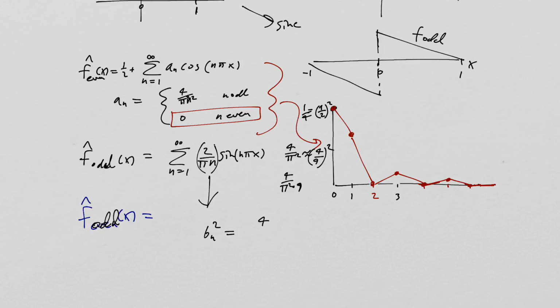Okay, so now when I go to the B_n's, it's going to be 4 over pi squared times, all those have to be squared too, times n squared. Okay, so what's going to happen is, of course, these are going to decay much slower.